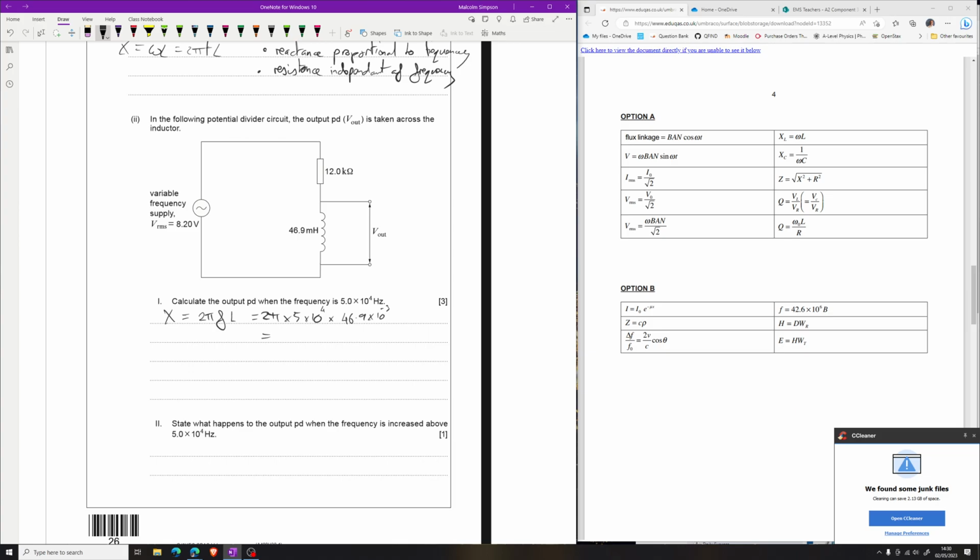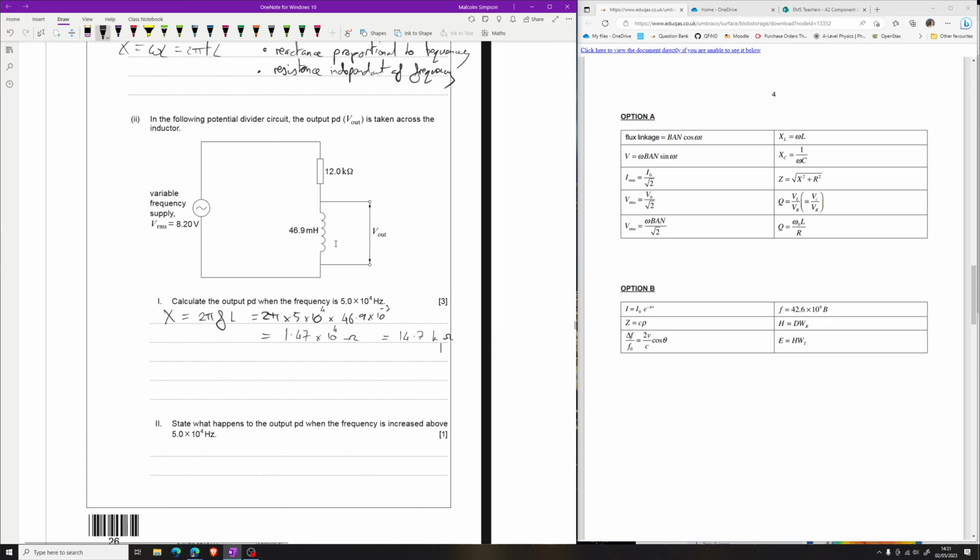I don't really want an answer in pi. So I've got a reactance of 1.47 times 10 to the 4, which is 14.7 kiloohms. Okay.